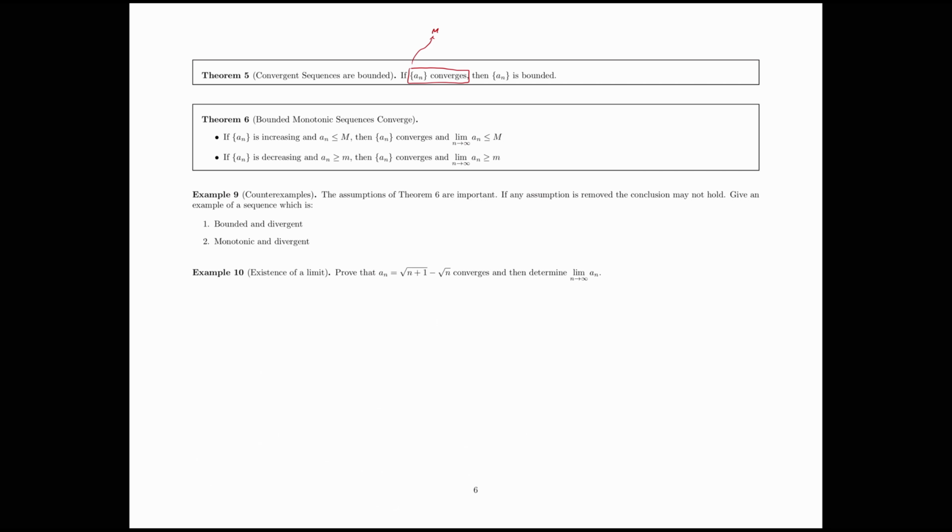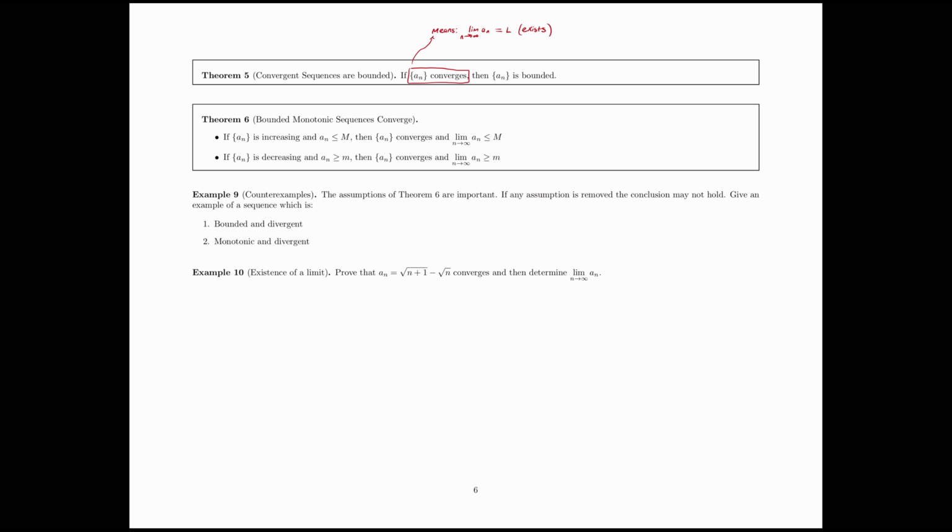This means that the limit as n goes to infinity of a sub n exists. So let's just say it equals some number. I'm going to say L. And then parenthetically, i.e., that means it exists. So a sequence converges if its limit as n goes to infinity exists. In other words, it equals a finite real number.